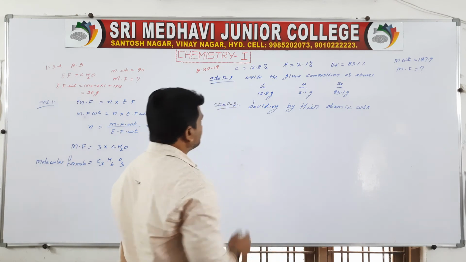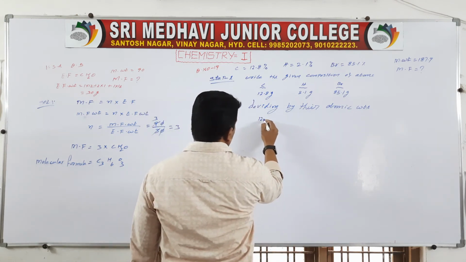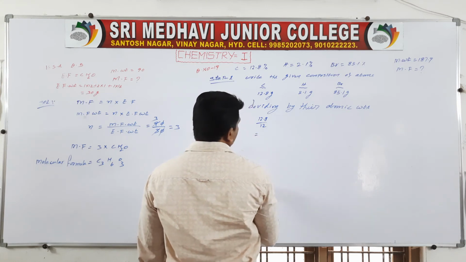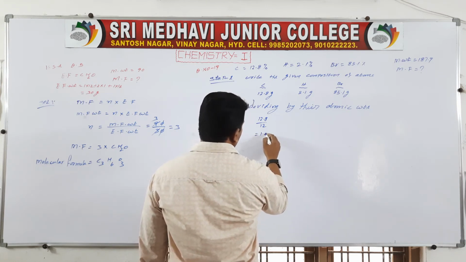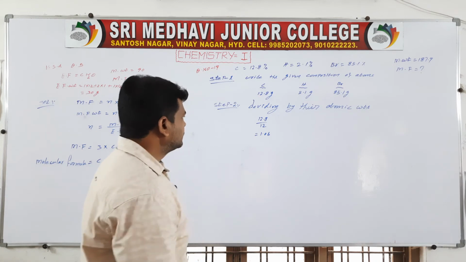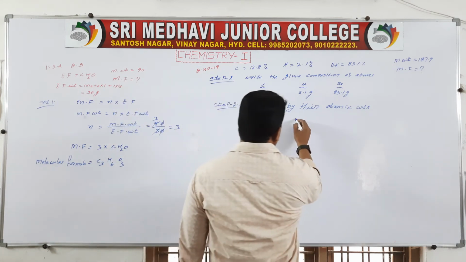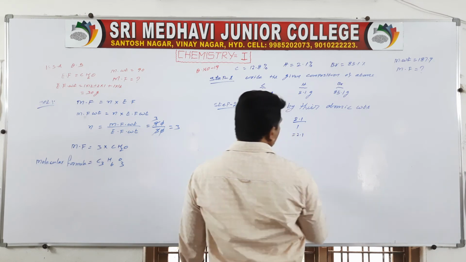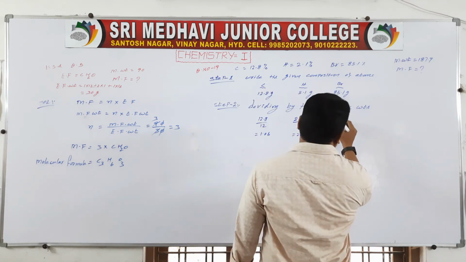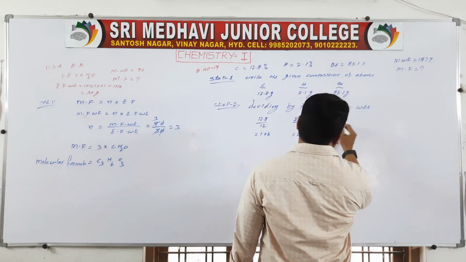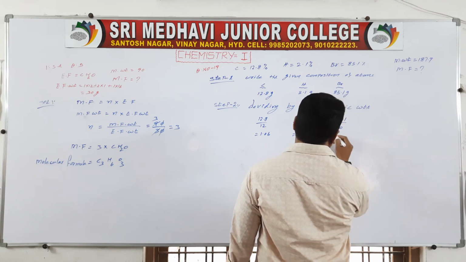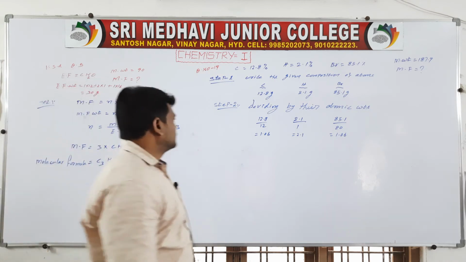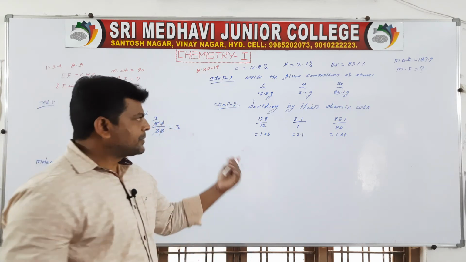Okay, then see, 12.8 by 12, this is equal to 1.06. 2.1 by 1, this is equal to 2.1. 85.1 by 80, it is equal to 1.06.